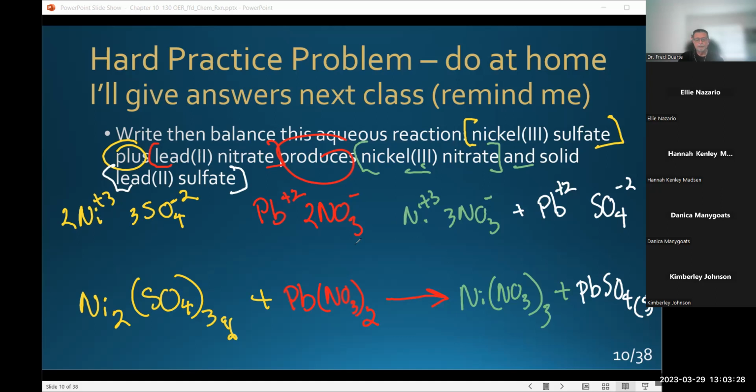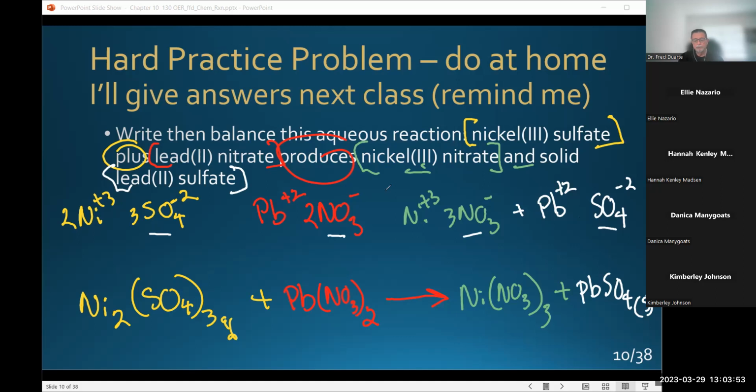So let's look at the nitrates. Okay, in this scenario, I got 2 nitrates here, 3 over here. The other aspect is sulfates. I got 3 sulfates here and 1 over here. Okay? Don't worry about the metals. The metals will fall in place. Just follow the polyatomic ions.